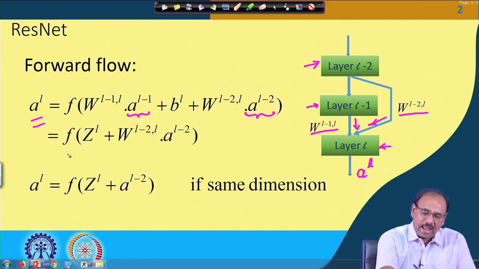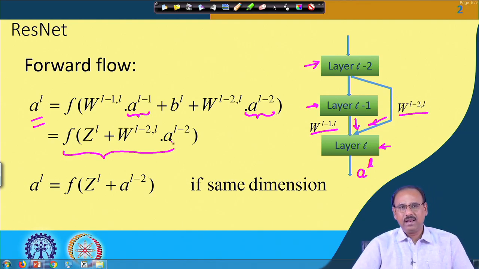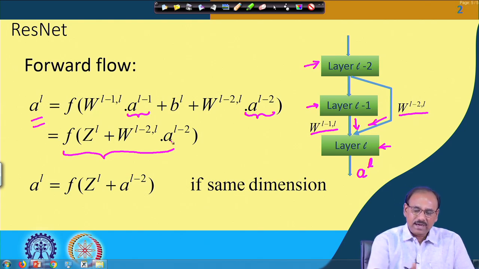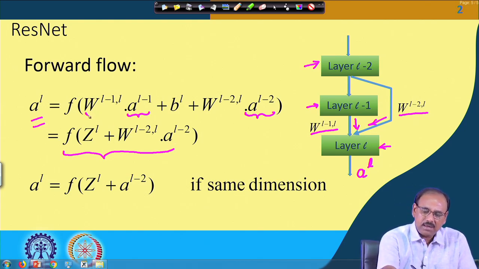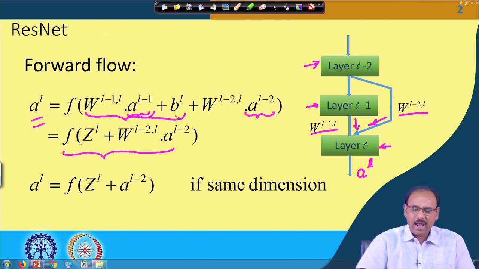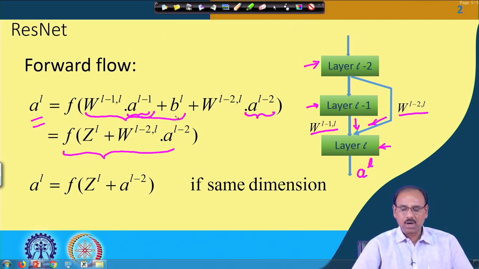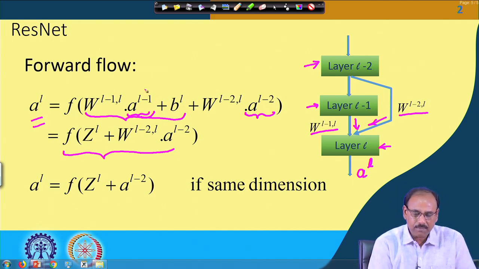That can be written as a nonlinear function of Z(L) plus W(L-2,L) A(L-2), where Z(L) is nothing but the first term, the weighted activation from layer L minus 1 plus the bias.